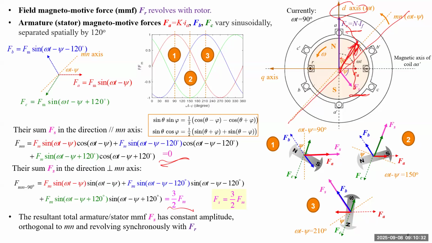This will be the magnetomotive force inside the generator, and that can tell how much voltage is induced, based on the rotor winding and also the armature winding. Okay, so that's it. We just want this conclusion: a constant magnitude and direction always pointing perpendicular to that axis, the M axis.